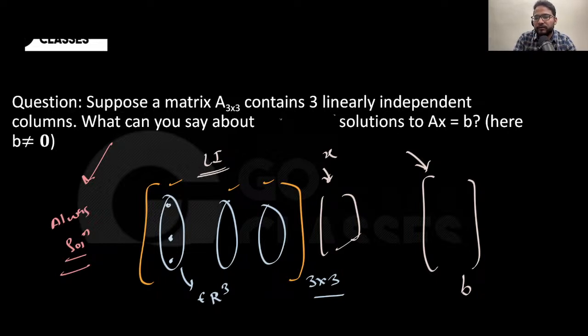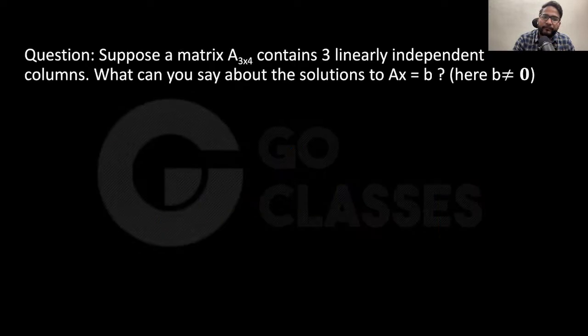I hope that is fine, right? So basically, if R3 has 3 linearly independent vectors, then I will always have the solution, right?